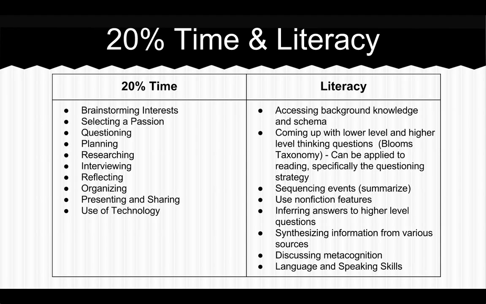When you're brainstorming your interests, how that relates with literacy is how students access their background knowledge and schema when they're reading. When you're selecting a passion, it could help students select books they're interested in or topics that interest them as well.